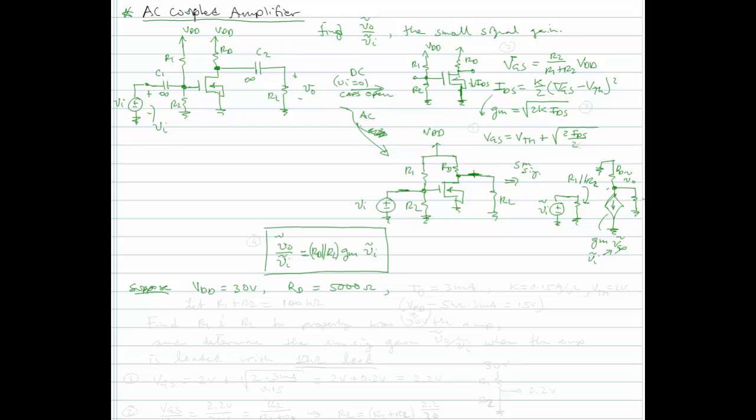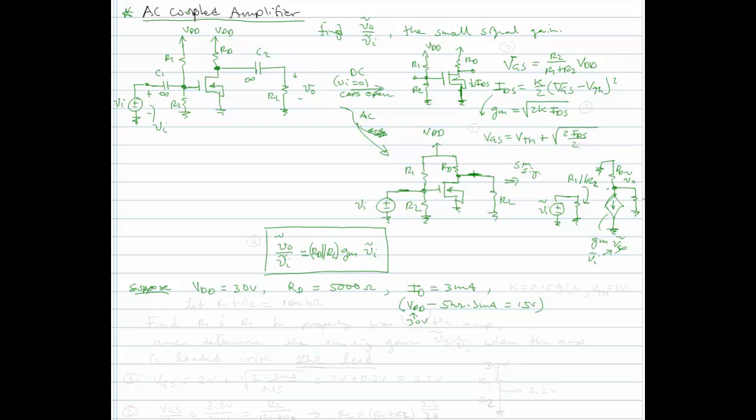Our bias current, I'm going to pick to be 3 milliamps, and the reason for that is that VDD minus 5 kilo ohms times 3 milliamps, VDD is 30 volts, is going to be equal to 15 volts. Okay, so I'm going to bias my drain voltage out at halfway between ground and rail. So we'll say ID is equal to 3 milliamps.